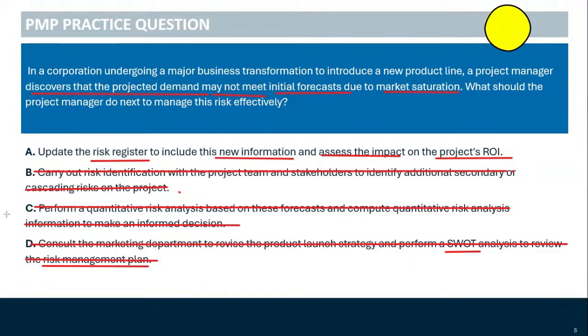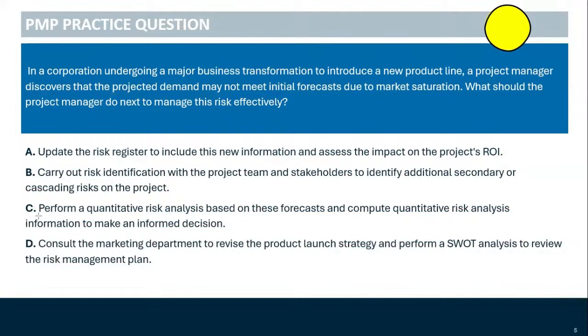If it significantly impacts the ROI, we know what to do, right? So we shouldn't be presumptuous. Not meeting initial forecasts due to market saturation is a wide net that we need to analyze further. So the best option that is not presumptuous and does not contain incorrect information is option A.